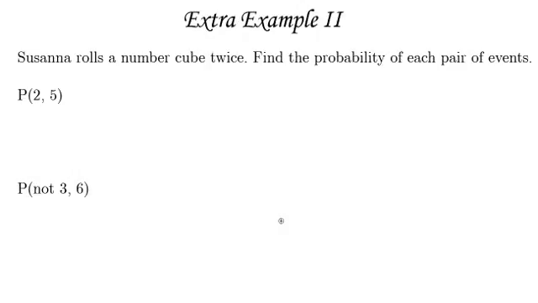Samantha rolls a number cube twice. Find the probability of each pair of events. Okay, so here, rolling twice, 2 events. This is the first event. This is the second event. So we want to know the probability of rolling a 2, and then the probability of rolling a 5 afterwards.